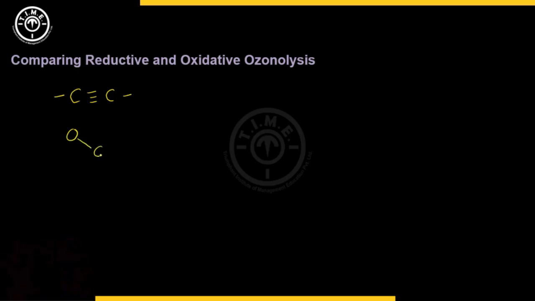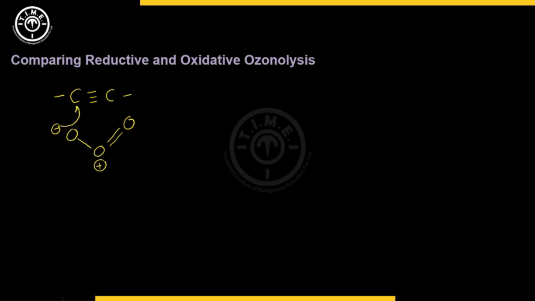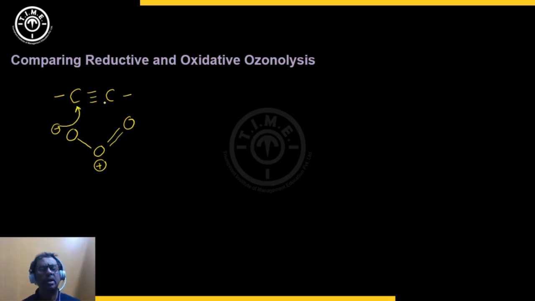An ozone molecule can be represented like this: a positive oxygen because it is triply bonded, and a negative oxygen because it is only singly bonded. Now this minus from the oxygen can form a bond with that carbon, and that pi bond will break and form a bond with this oxygen. And this oxygen is going to get back its lone pair.